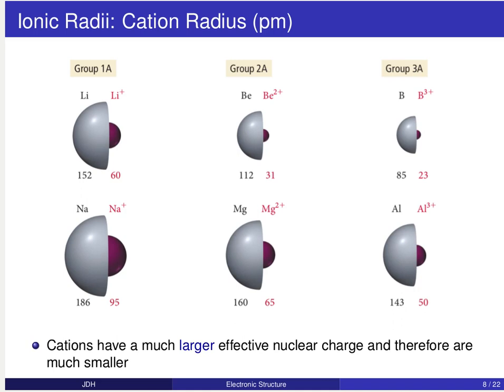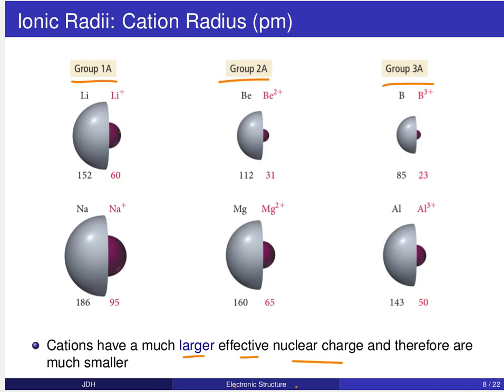But what might be surprising is how much smaller it is. We can understand the relative magnitude illustrated here for groups 1, 2, and going over to 3A as well: there's a dramatic reduction in size, and this comes down to the larger effective nuclear charge that these new outermost electrons see.